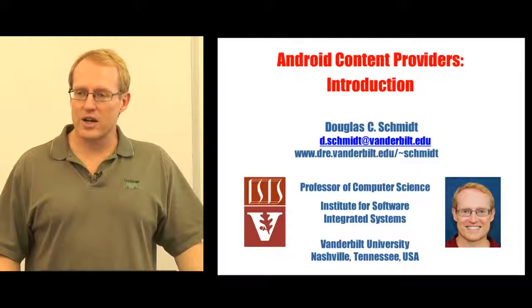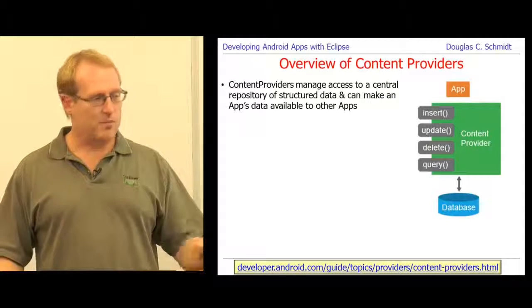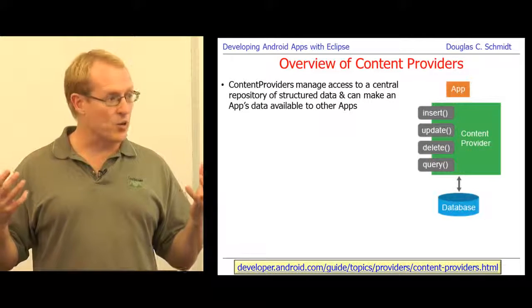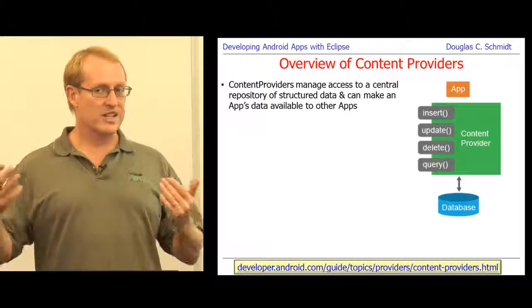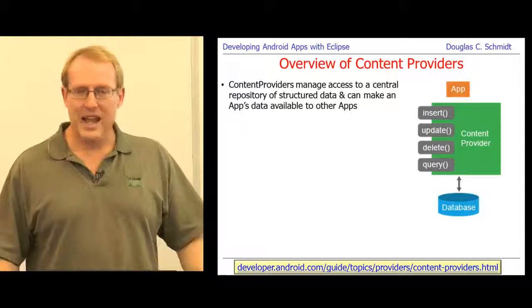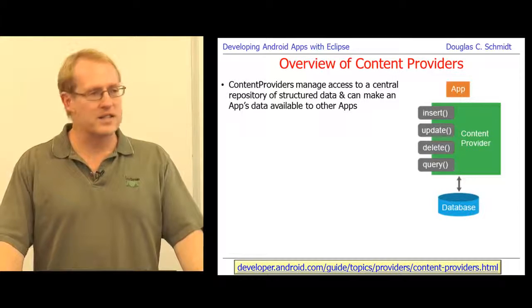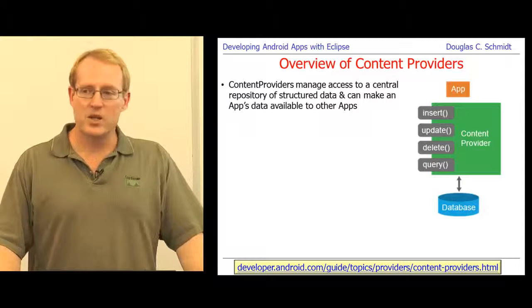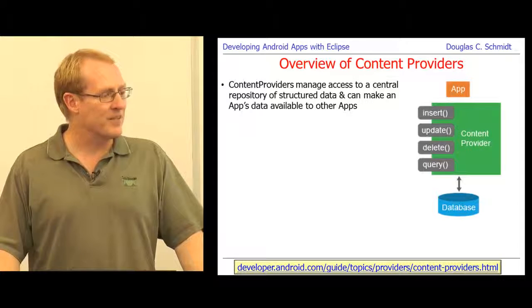As we'll see here, content providers are basically a way of being able to take various kinds of data stored in various kinds of ways, SQLite being by far the most common, and making that data accessible to other applications besides just one application. SQLite works for applications that need access to private data.